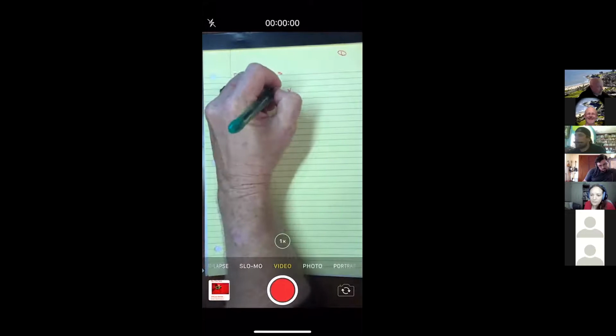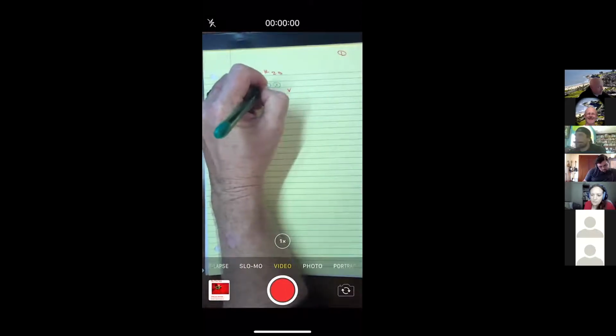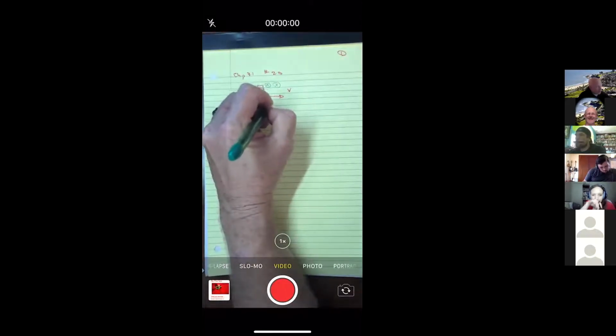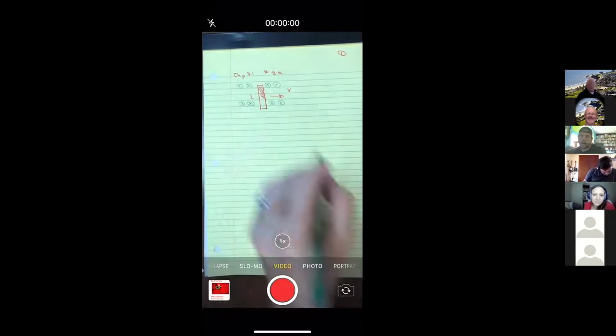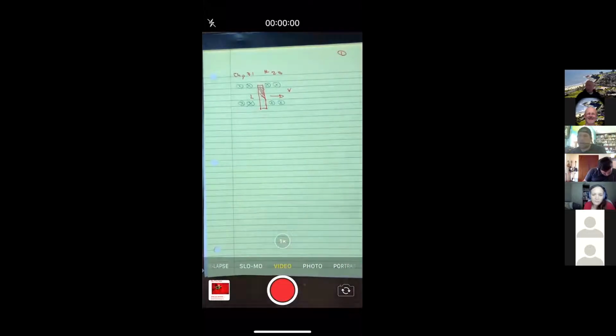Let me make the magnetic field maybe not only perpendicular, but kind of going into the page. I'll get out my green marker here and put X's kind of into the page and say, okay, so here is my magnetic field.